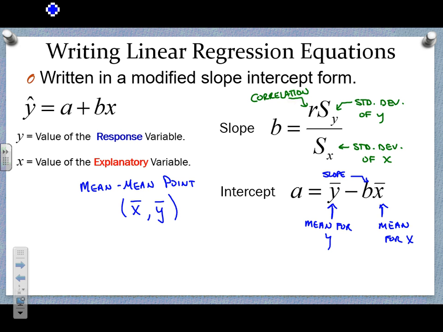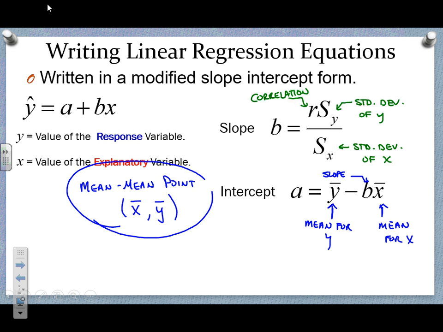Okay? This is a very important aspect right here. You need to know this. Your regression model will always pass through that mean point. When you graph these, if you're going to have to graph scatter plots and regression lines by hand, this is going to be extremely important because when you draw it, you need to make sure your line passes through this point.